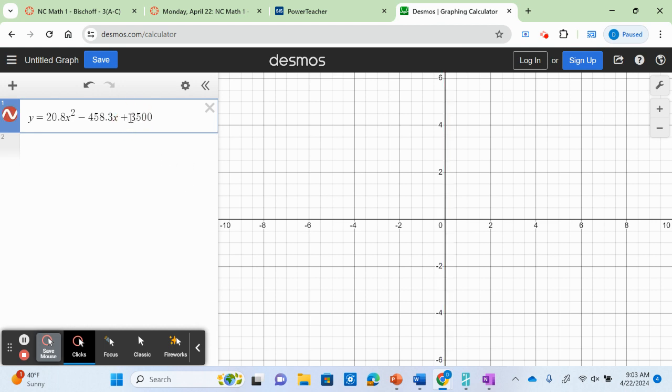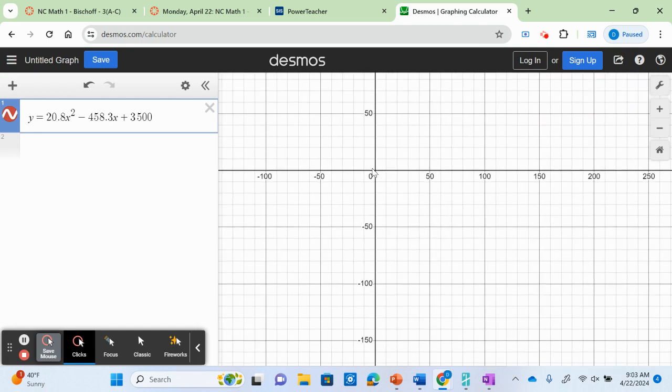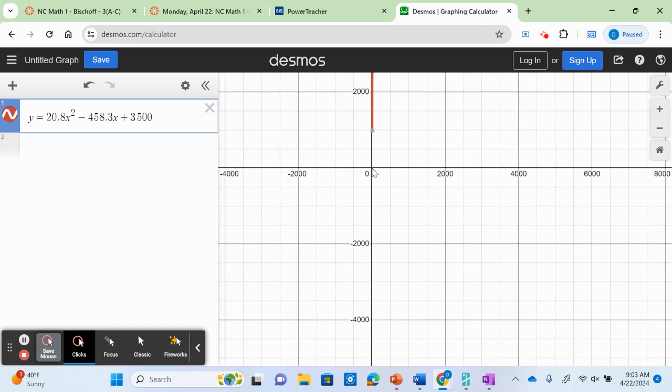So y equals 20.8x squared minus 458.3x plus 3,500. Is that correct? Is that your guys' equation? Yes? Okay, so what's it asking us?